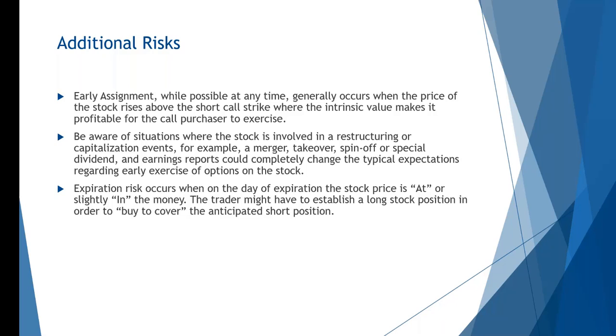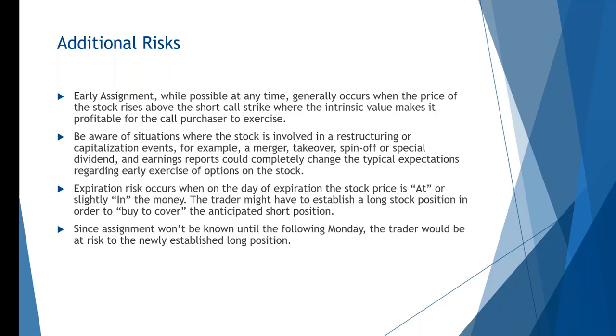In other words, you might have to buy that stock to cover that short position that you've been assigned. And since assignment isn't known until the following Monday after the expiration, the trader would be at risk to this newly established long position.